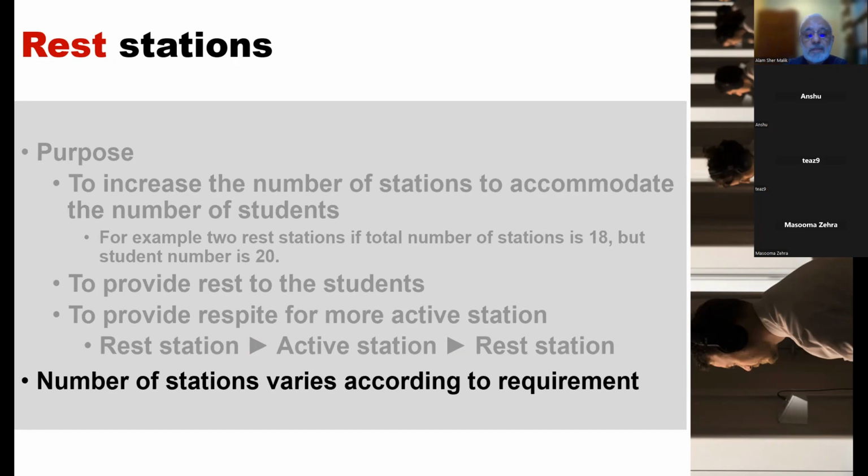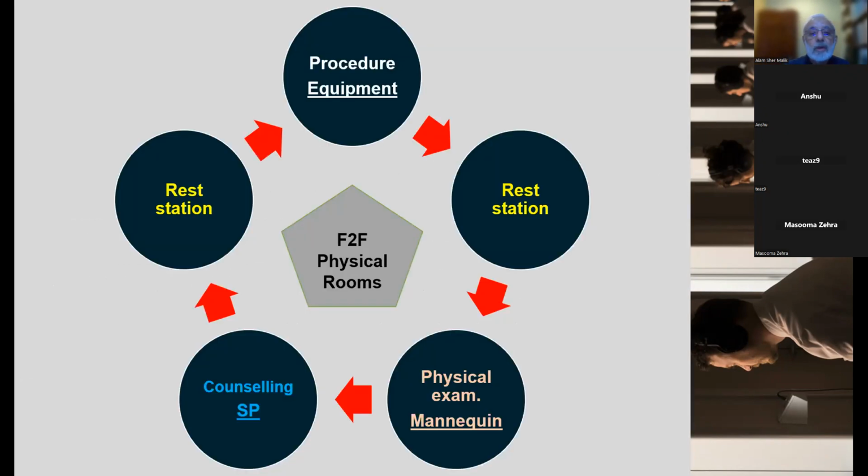Of course, the number of stations would vary according to the requirement. Here is an example: if we feel that this station would be really time consuming and intensive, we can have a rest station before and after that. So even if a student takes 1 minute extra here, because it's a rest station, they would not be losing.